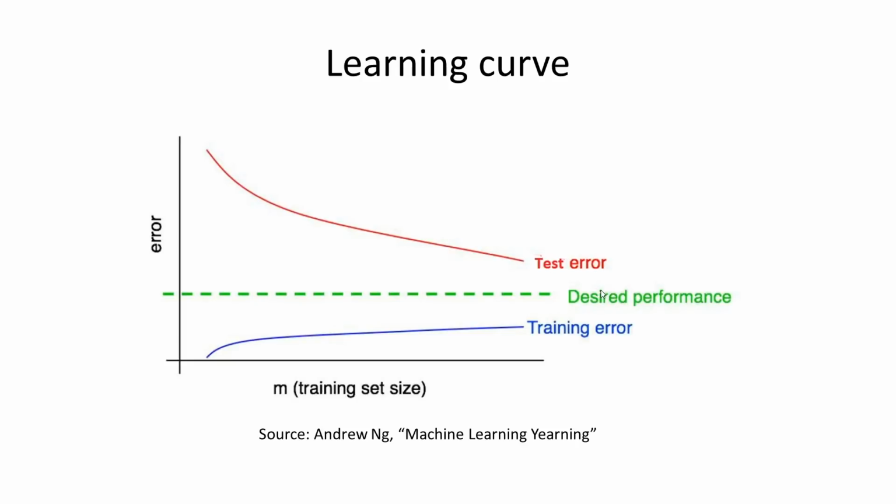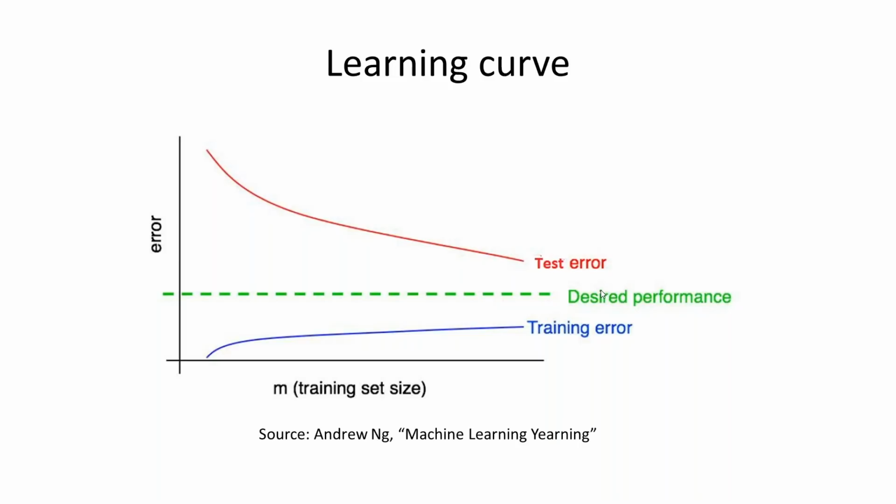It simply shows you the error rate of either the training set or the test set, right? The error rate of the test set and the training set as a function of, in this case, the training set size. You can see that typically the larger the training set, the more data you have, the error on the training set actually increases.